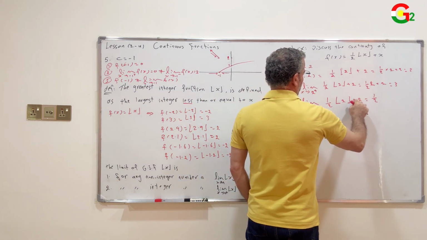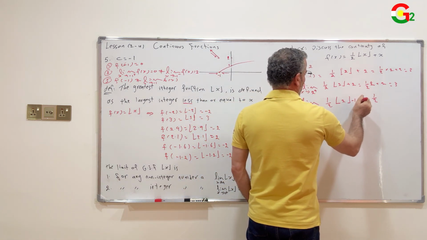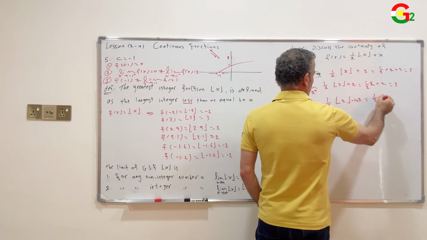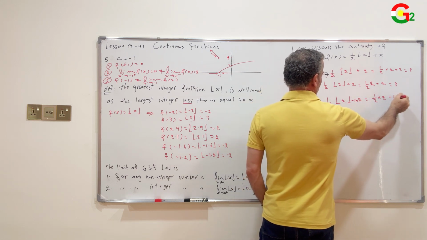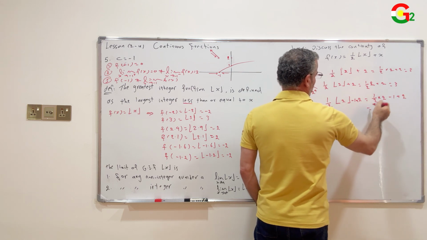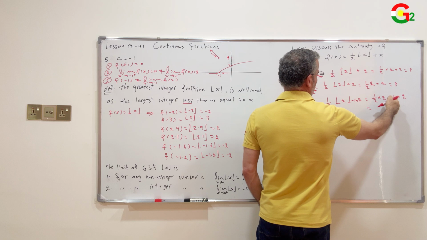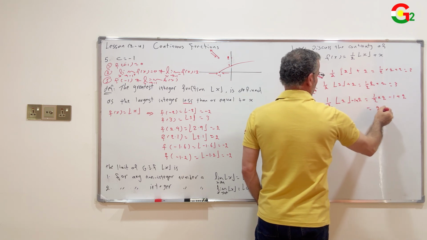So I will write minus 1 plus 2 here. Greatest integer of 2 is 2, minus 1 plus 2 equals 1/2 times 2 minus 1, which is 1/2 times 1, plus 2, equals 2.5.